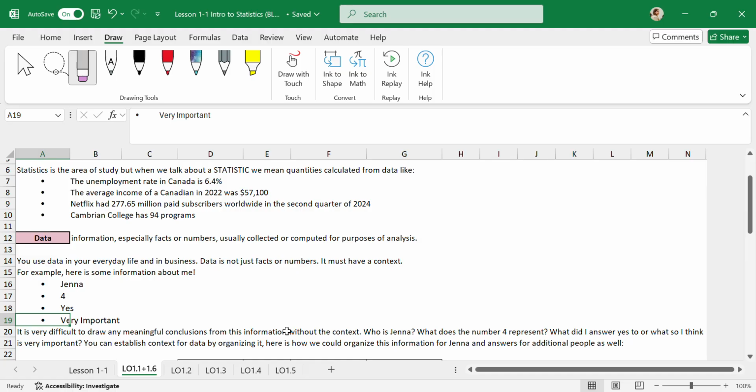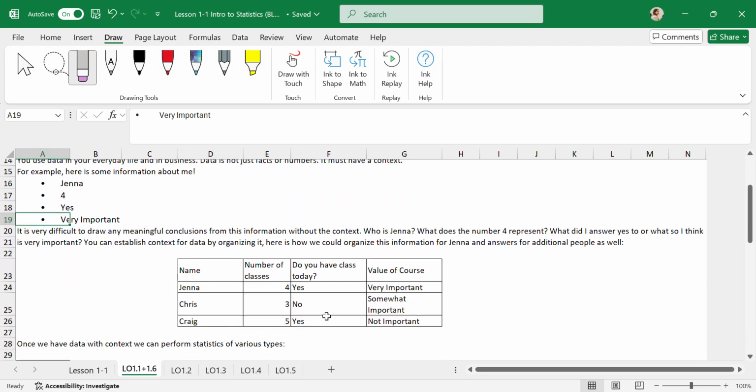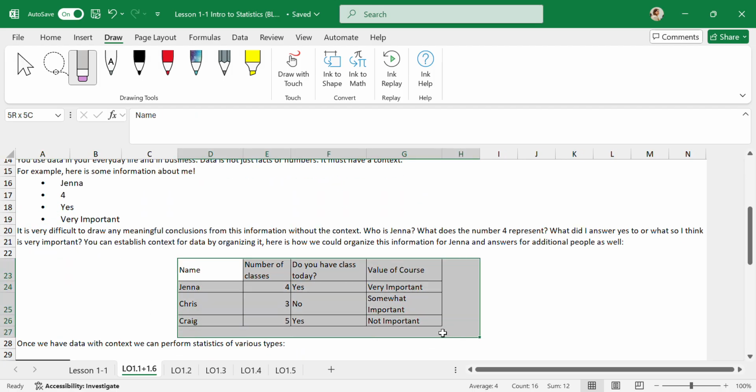So this is information, but it's not well organized. When we talk about data in a statistical sense, we want it to have a context or an organization so that we know what it means. One really easy way to organize the information is in a tabular format. So for example, I now have the names of 3 people, not just Jenna, and their answers to some questions.